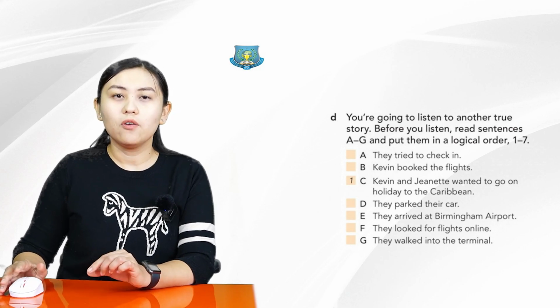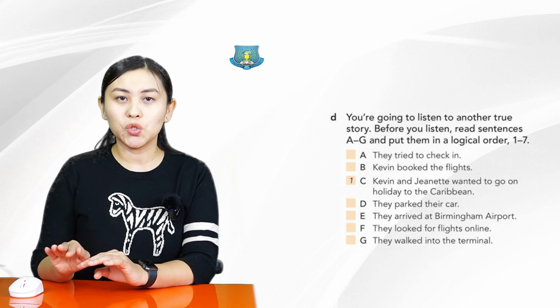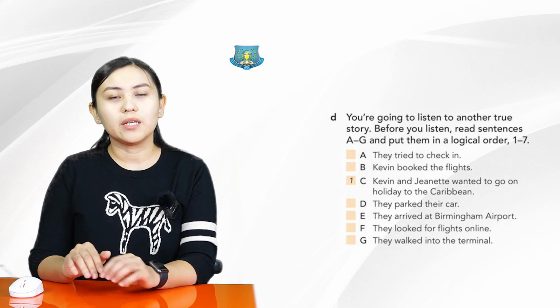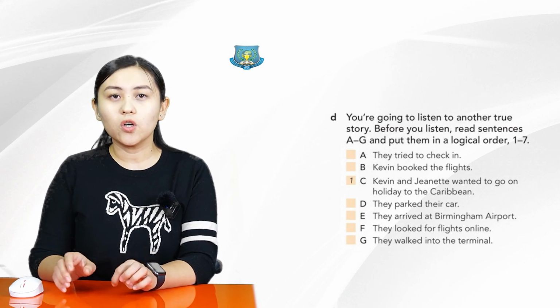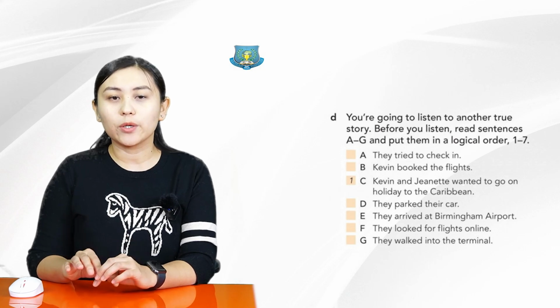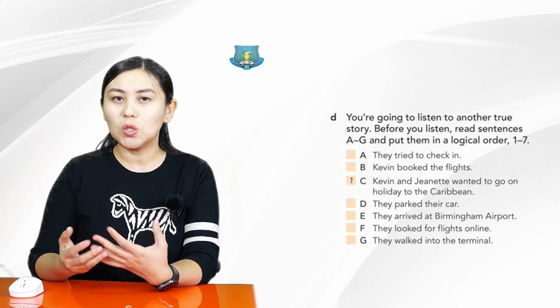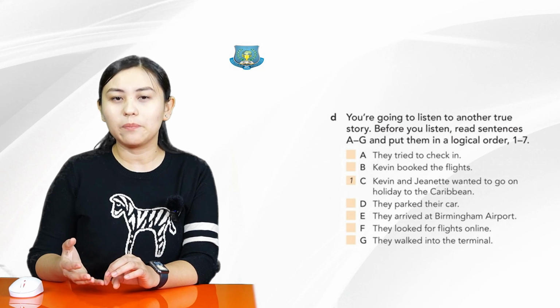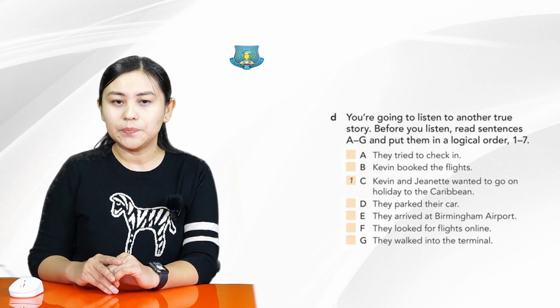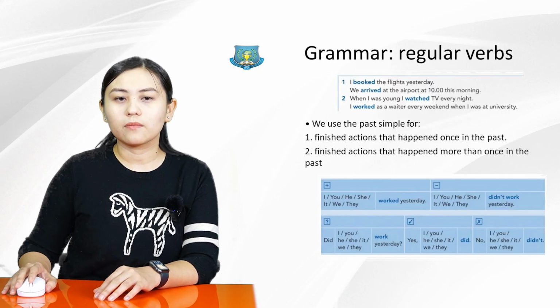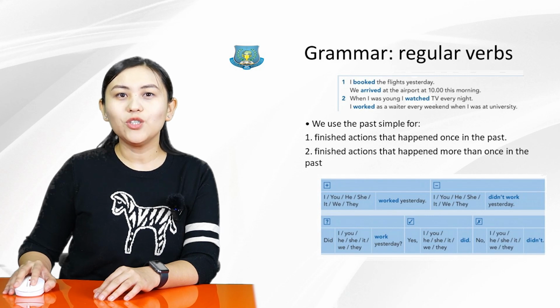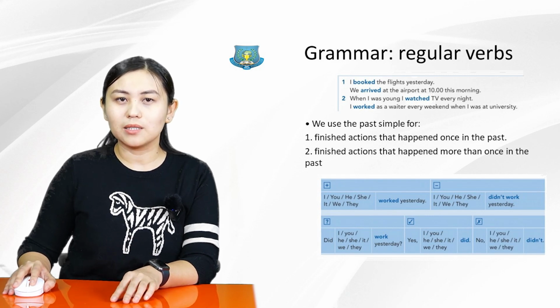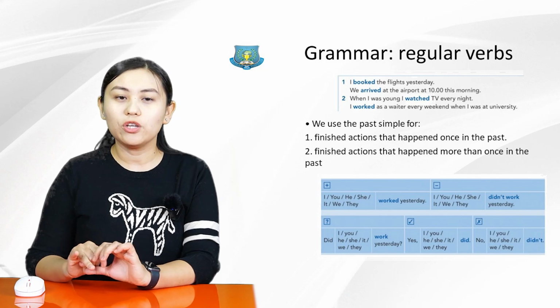As you remember, verbs are divided into two types, regular verbs and irregular verbs. Today we are going to focus on regular verbs because we are going to learn how to make the past simple of regular verbs. As you know, there are three types of sentence: positive, negative, and question.